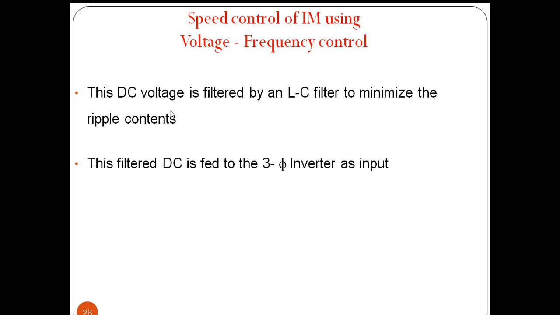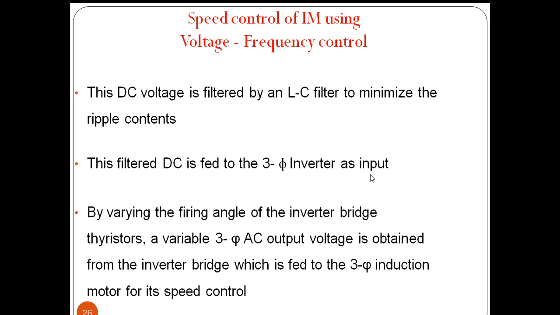This DC voltage is filtered by using an LC filter to minimize the ripple contents. This filtered DC is fed to the three-phase inverter as input. By varying the firing angle of the inverter bridge thyristors, a variable three-phase AC output voltage is obtained from the inverter bridge, which is fed to the three-phase induction motor for its speed control.